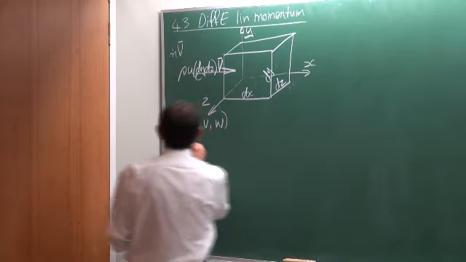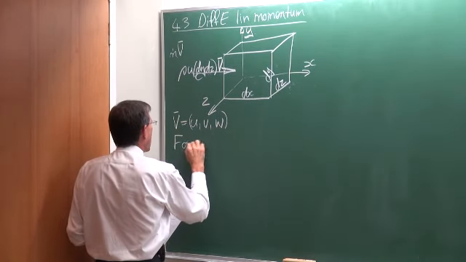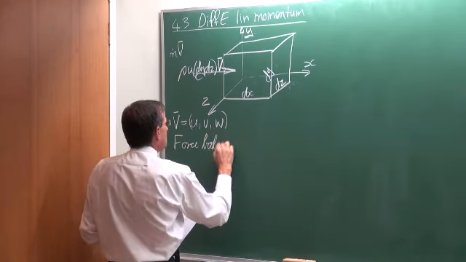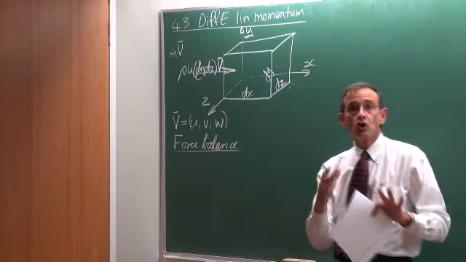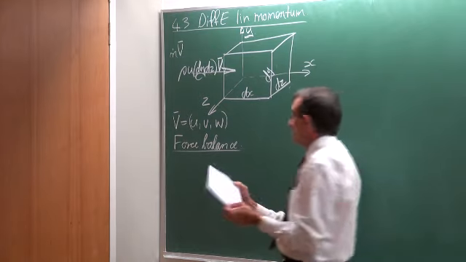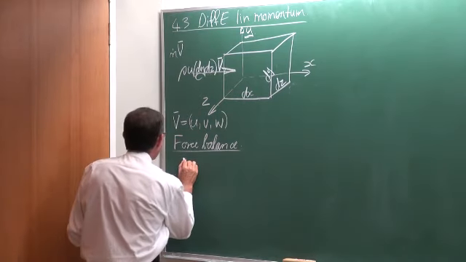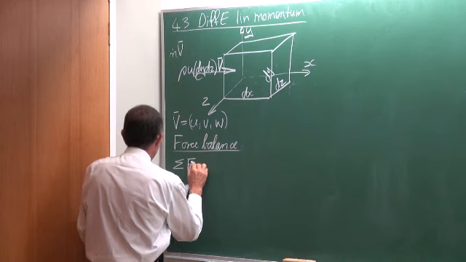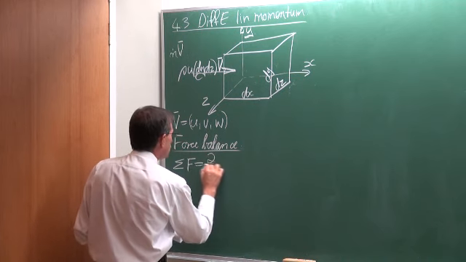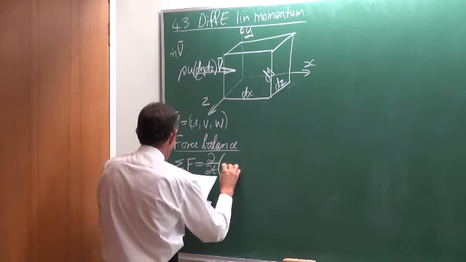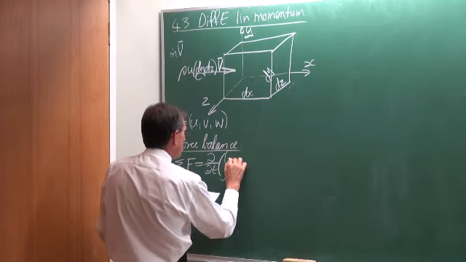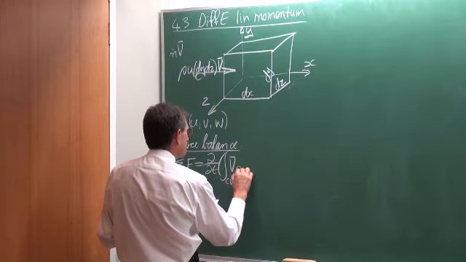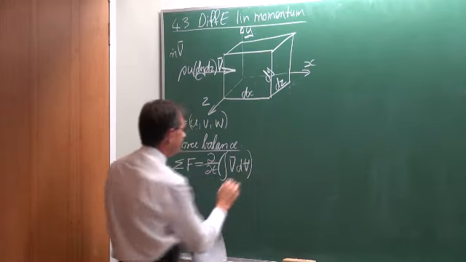So if we now just go back to the force balance that was done in chapter 3, where a control volume was considered, the momentum equation looked like this. The sum of the forces would be equal to partial d/dt of the integral over the control volume of the velocity vector multiplied by dV.